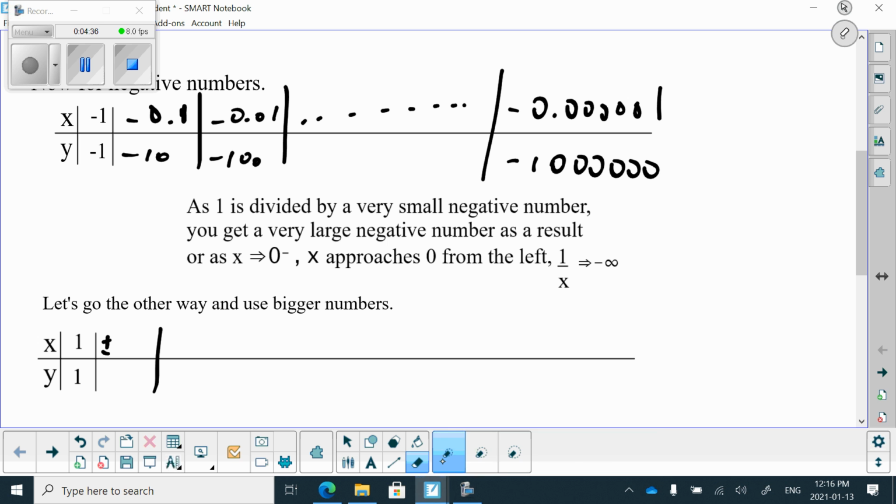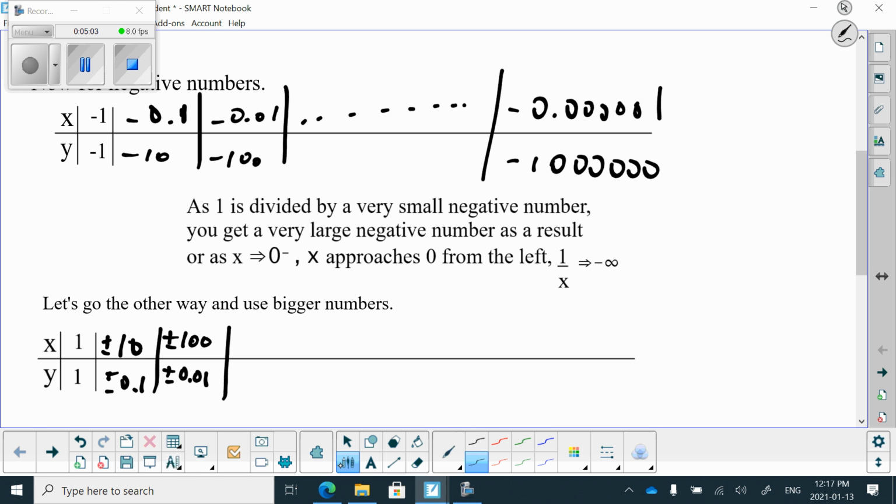Exactly. And plus or minus 100 would give us plus or minus 0.01.